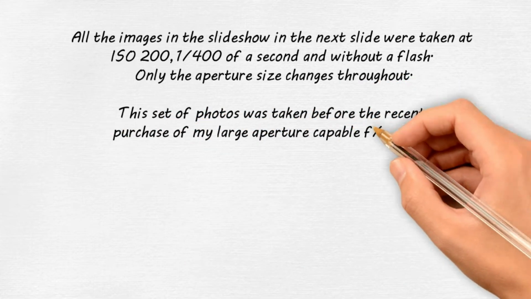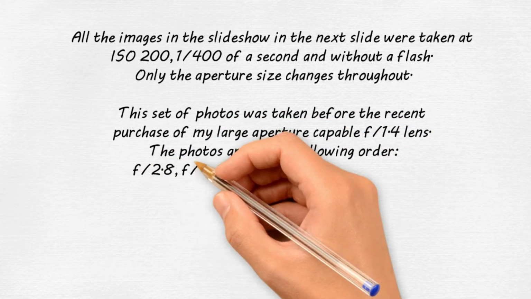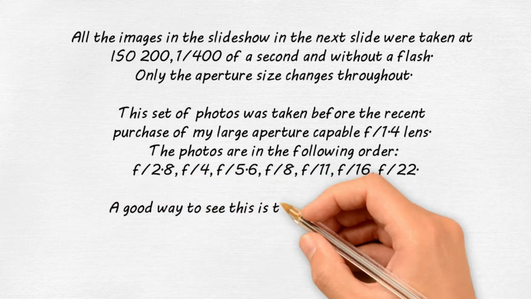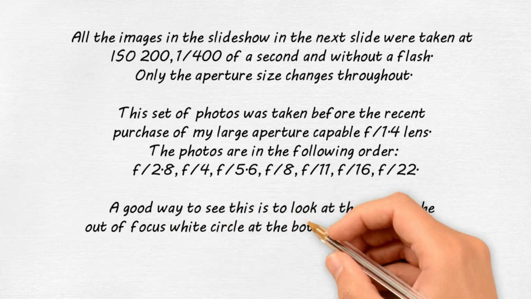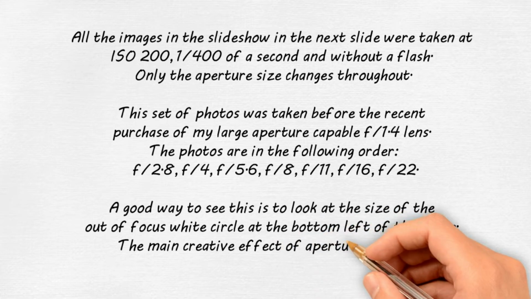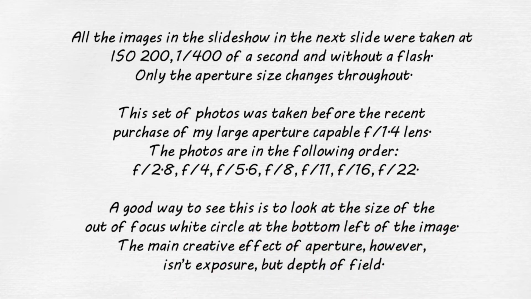The photos are in the following order: f/2.8, f/4, f/5.6, f/8, f/11, f/16, f/22. A good way to see this is to look at the size of the out of focus white circle at the bottom left of the image. The main creative effect of aperture, however, isn't exposure, but depth of field.